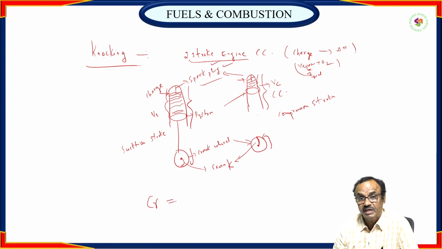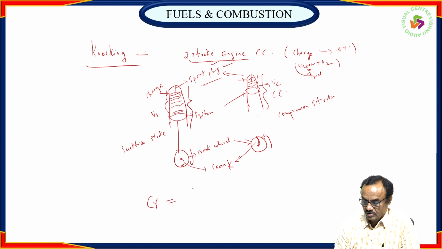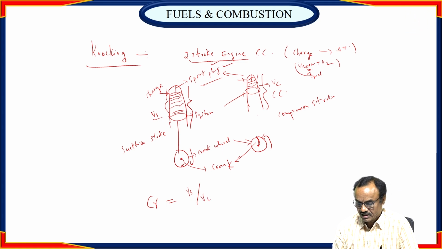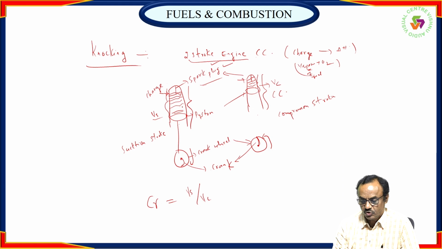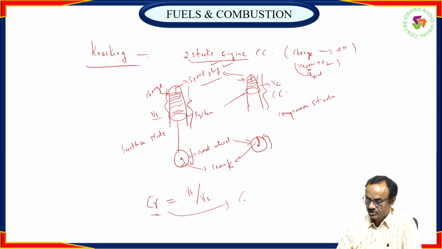Compression ratio is defined as the ratio of the volume of the charge at the end of the suction stroke to the volume of the charge at the end of the compression stroke: Vs/Vc. The efficiency of the engine and the heat liberated depend on this compression ratio.